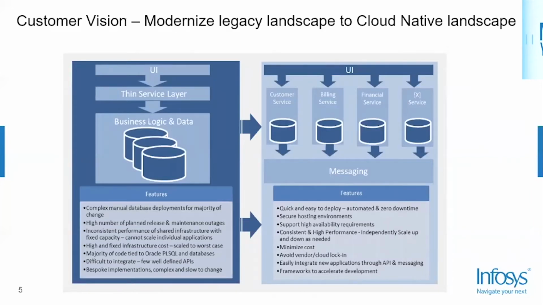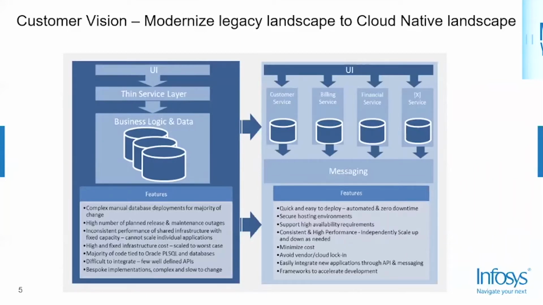As I spoke about, the vision is to break down the existing monolith 2-tier or 3-tier architecture into a distributed cloud native landscape, where they will have better control at the business and function level, be able to scale, meet business requirements, and address some of the ongoing problems they're currently facing.